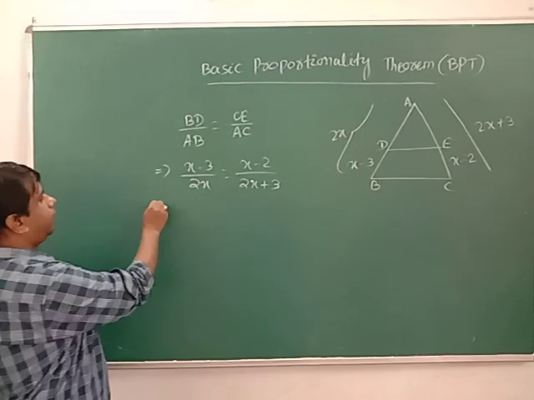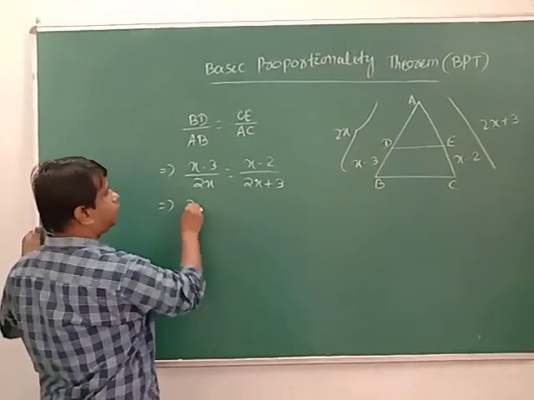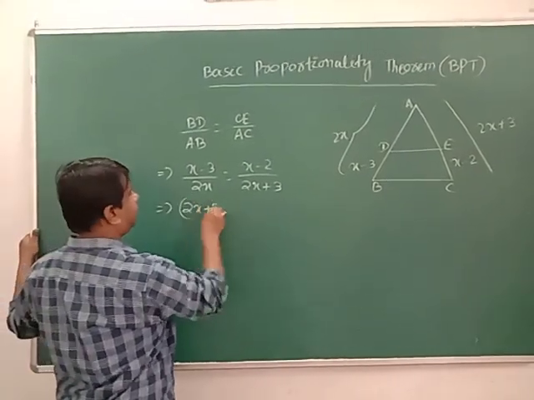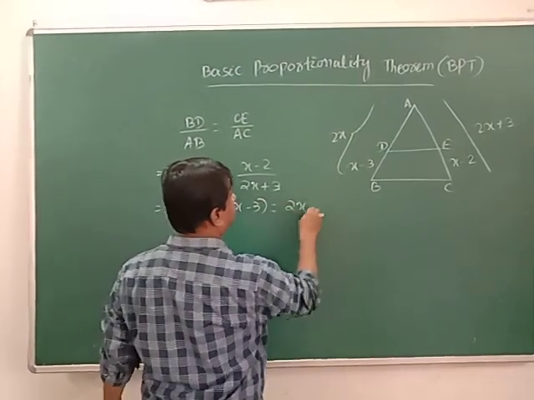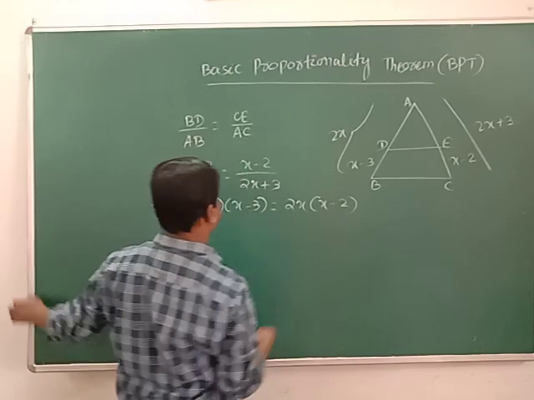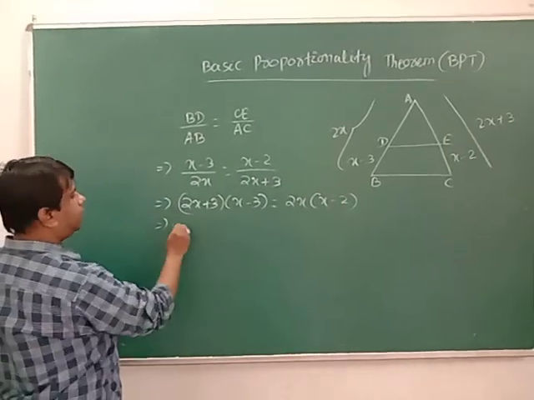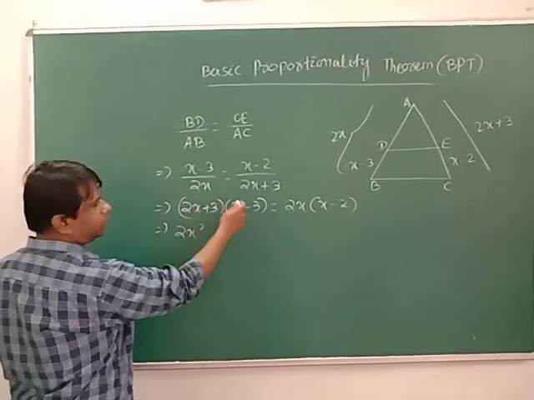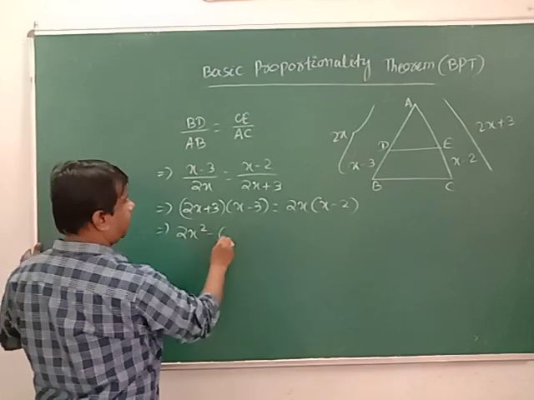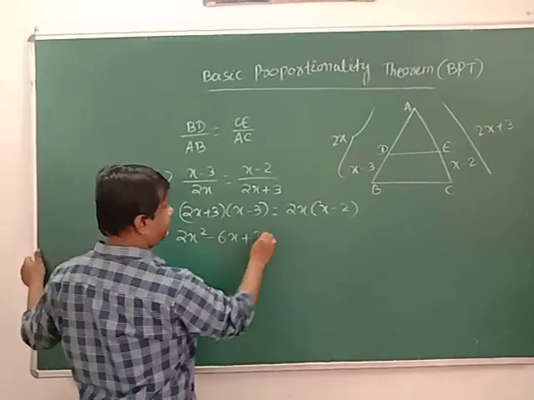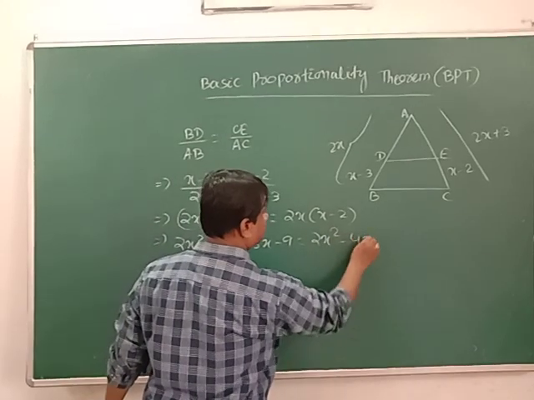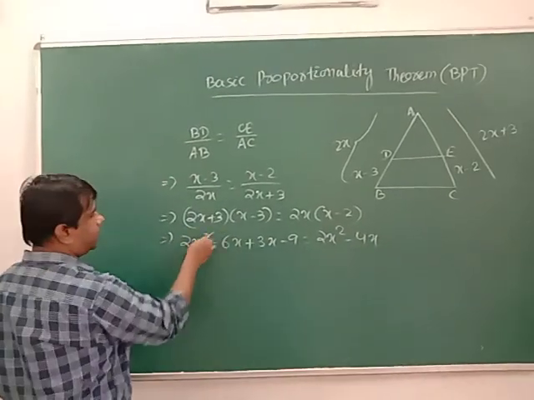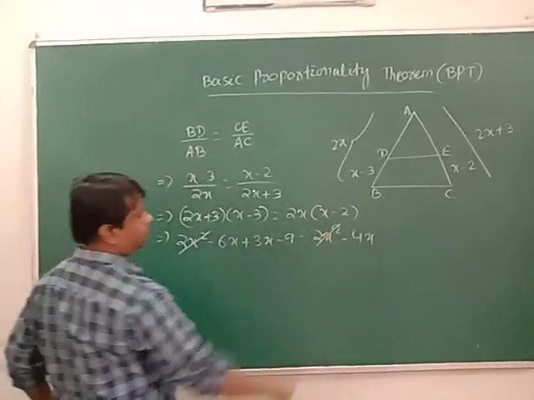Then you cross multiply. So (2x plus 3) into (x minus 3) is equal to 2x into (x minus 2). So I am getting here 2x square, minus 6x plus 3x minus 9 is equal to 2x square minus 4x. So I can cancel 2x square, 2x square.